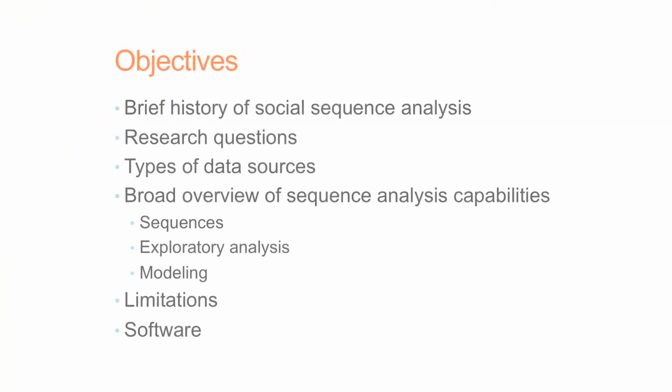Okay, several objectives for the talk today. First one is just to give a very brief history of social sequence analysis, to give some examples of research questions that can be answered using social sequence analysis, to describe or list the types of data sources that are amenable to being analyzed using this method. And then most of the talk will be a broad overview of sequence analysis capabilities using one particular software package.